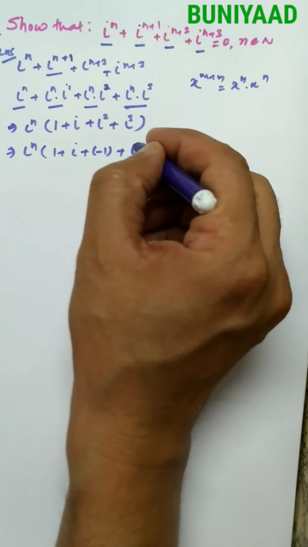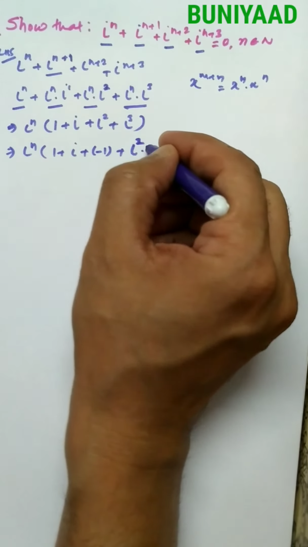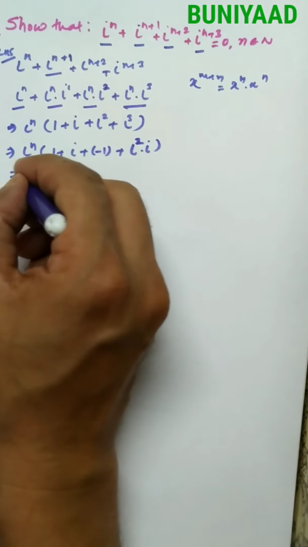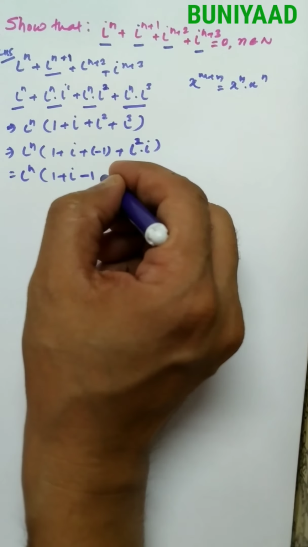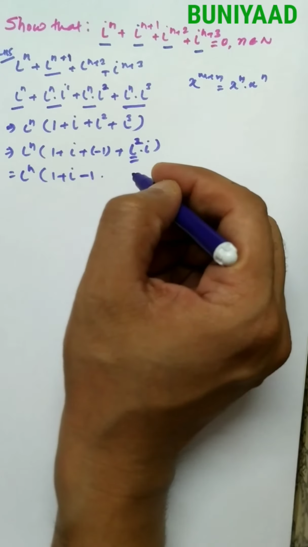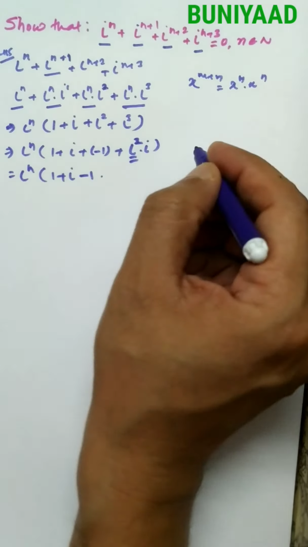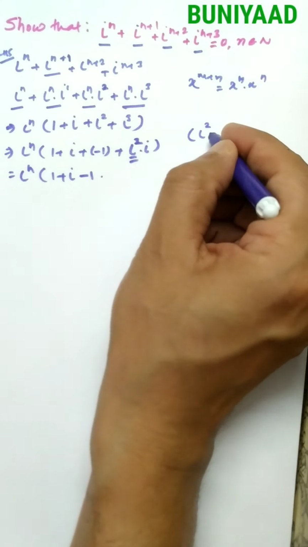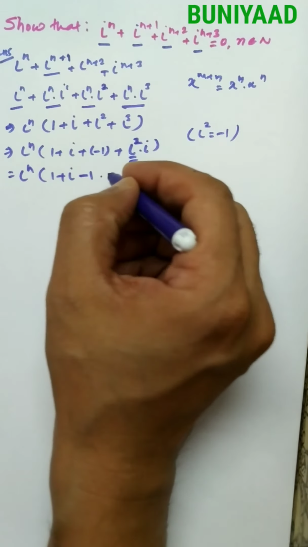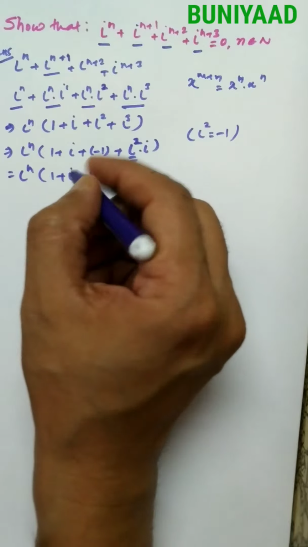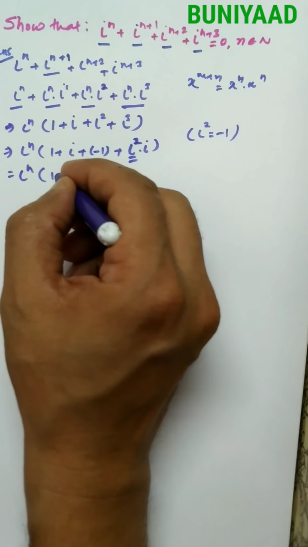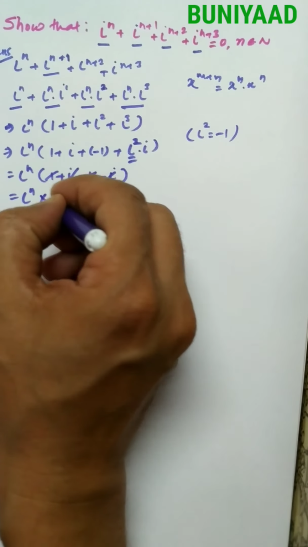For iota cube, you can write iota square into iota, so it will be 1 plus iota minus 1 into iota. So this iota gets cancelled, and you are left with iota raised to power n into 0.